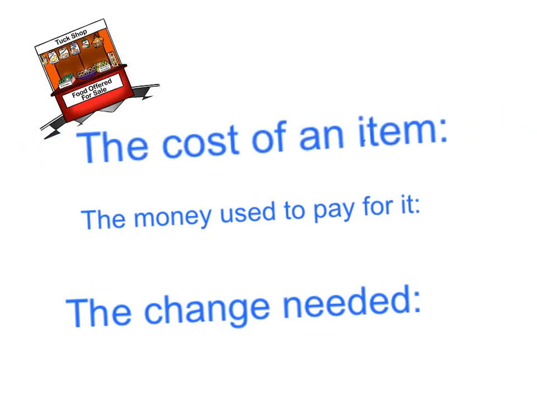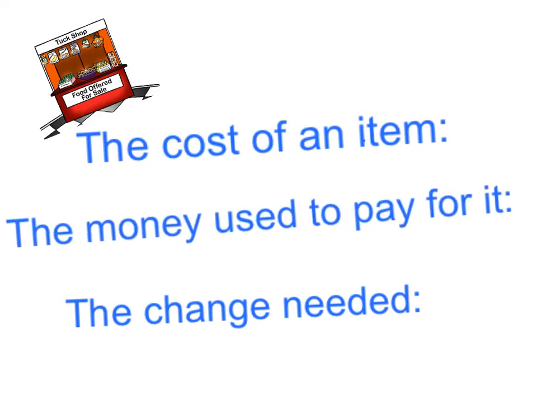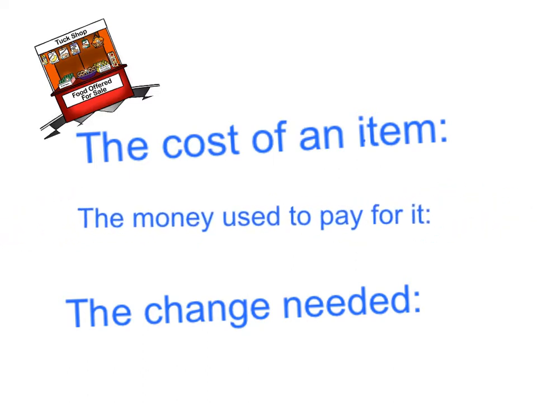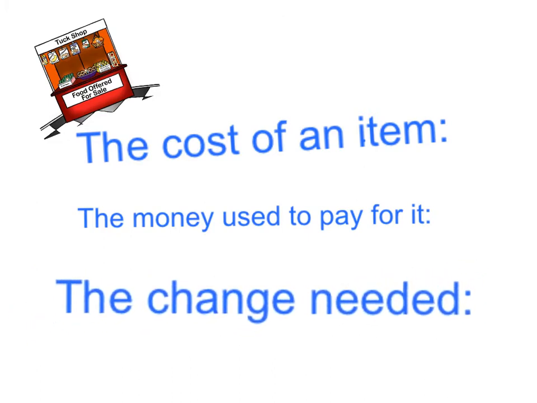So how much does something cost that we want to buy? We also need to know the money that we use to pay for it. So if we're buying something, what money are we using when we are purchasing it? Because that's going to then tell us the change that we need to give or we need to get at the tuck shop.